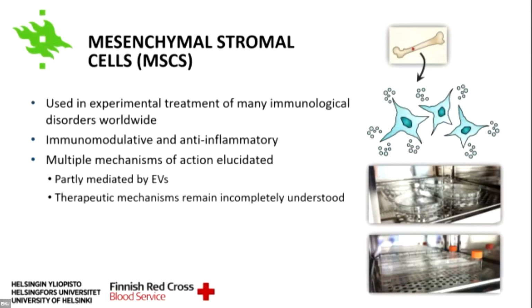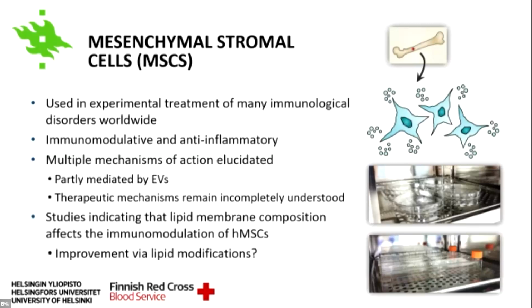However, their mechanisms still remain incompletely understood, and the response of different patients varies for this treatment. There are studies that indicate that the membrane lipid composition has an effect on the immunomodulation of the MSCs. So we were thinking if we can change the lipid composition of the membrane, maybe that way we can see an improvement.